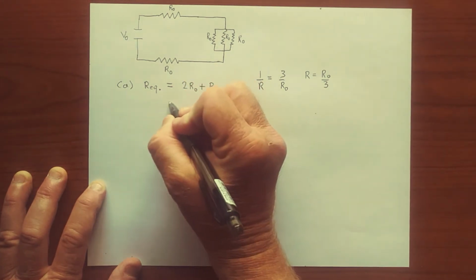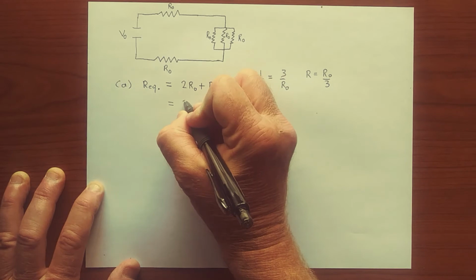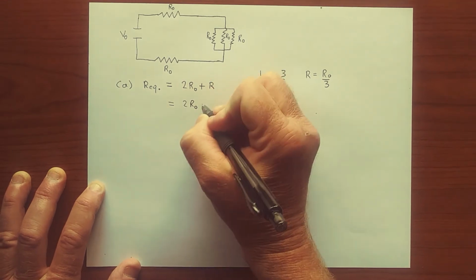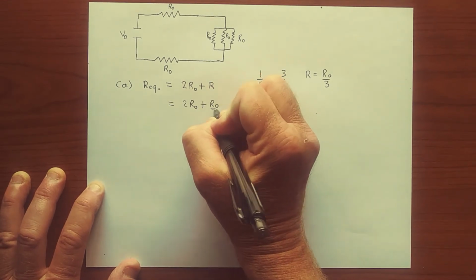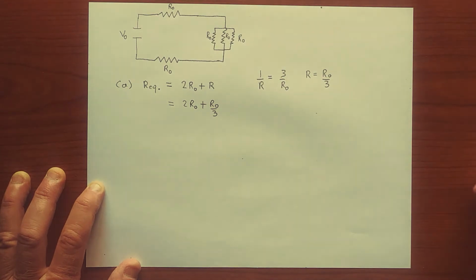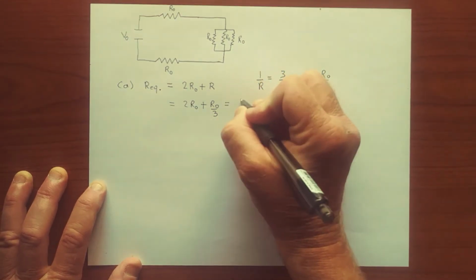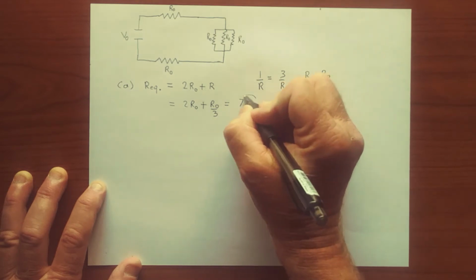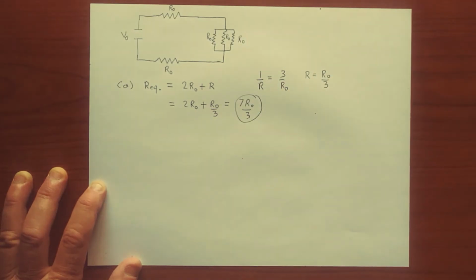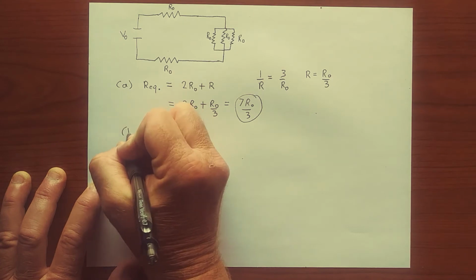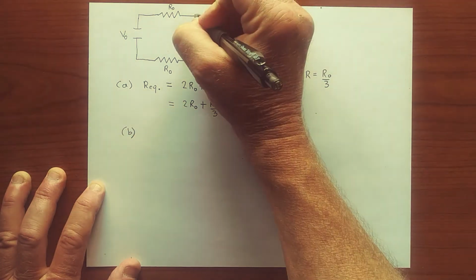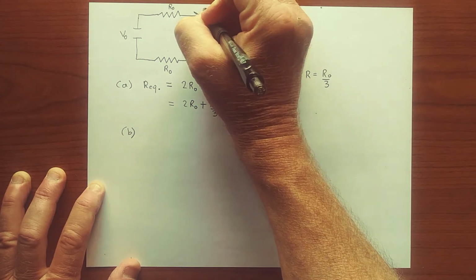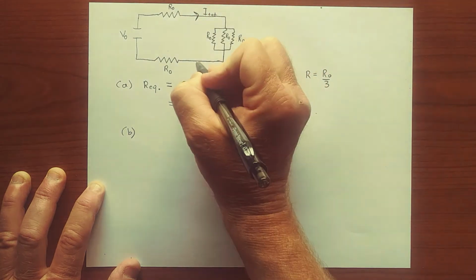So our equivalent resistance is 2R0 plus R0 over 3, which is 7R0 over 3. Okay, let's find the total current, meaning the current going through here and here.